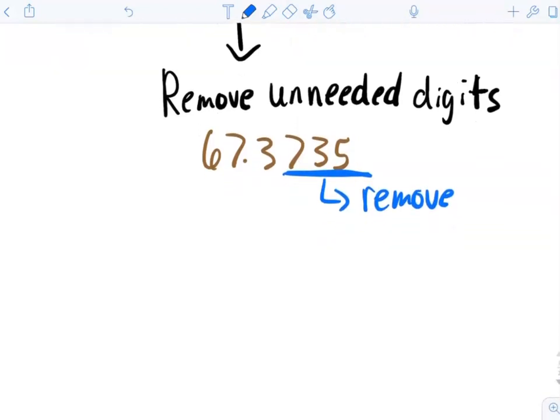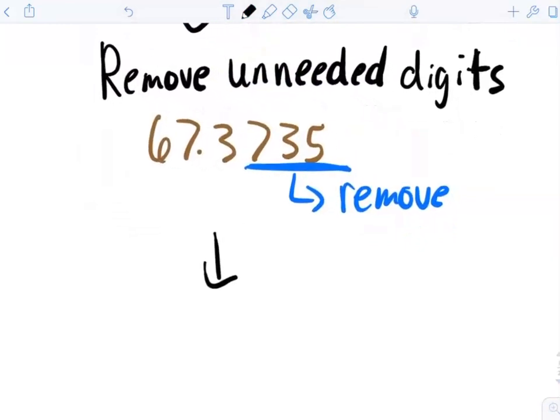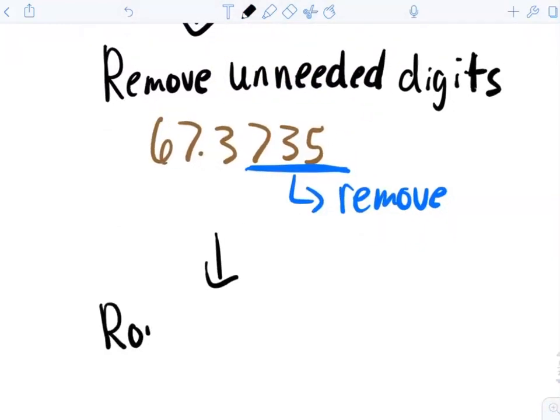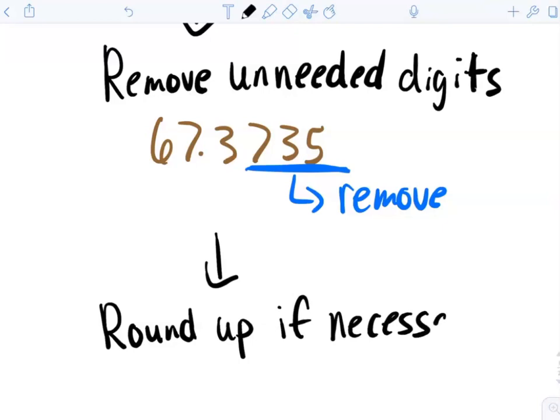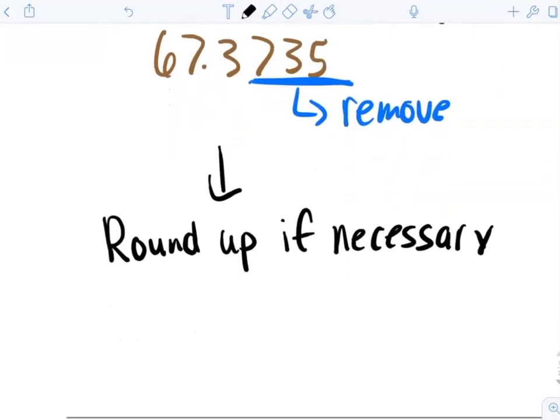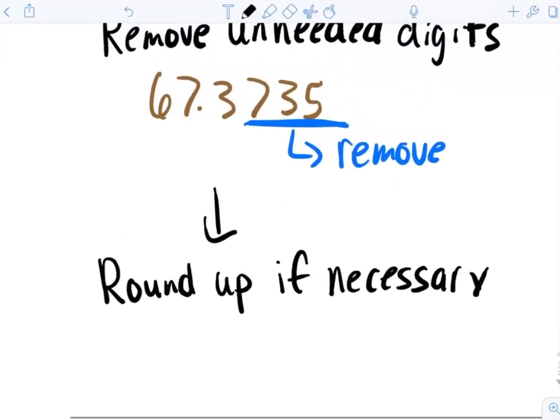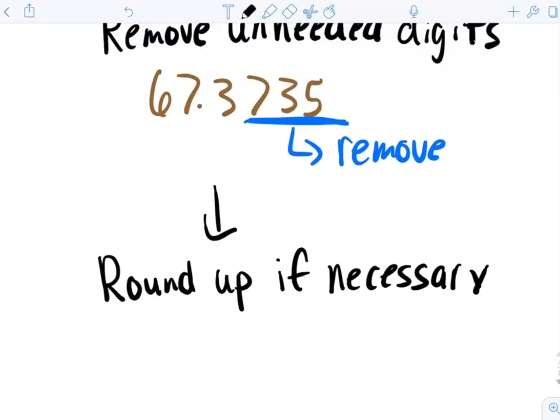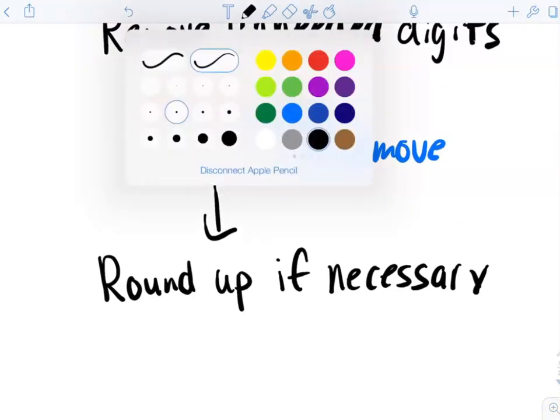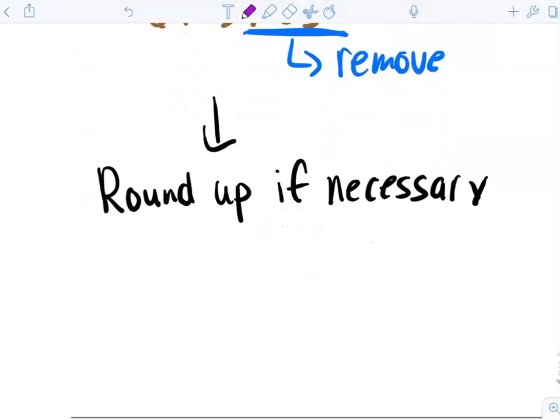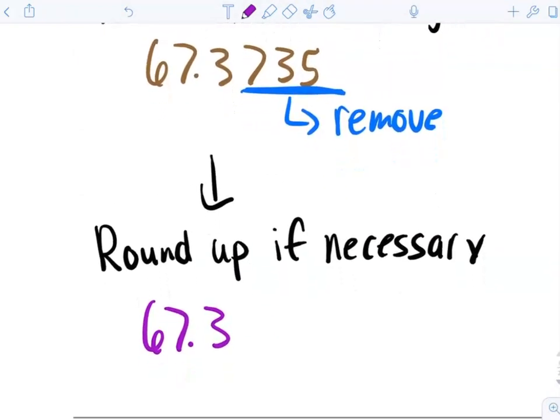Okay, then my next step is to round up if necessary. So what that means is after I have removed my digits, I am left with this 67.3, okay?